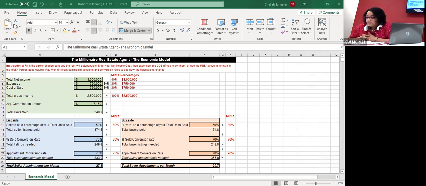Okay, so we have already walked through the example of the millionaire real estate agent model. So how will you be able to meet your goals and what will you use to meet those goals? Do you have a calendar? Do you have a plan?